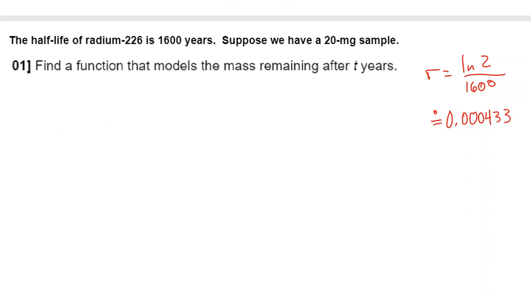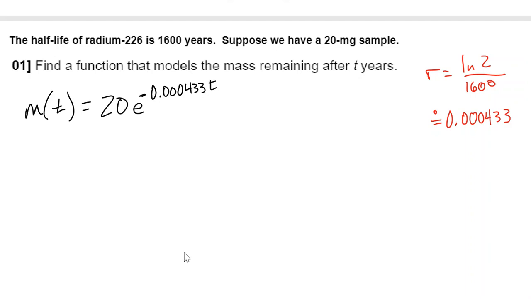So our formula was that we would take the original mass, or well, we're writing a function right now. I'm trying to remember what it was. Oh yeah, M of t equals the 20 milligram mass times e to the negative r t.